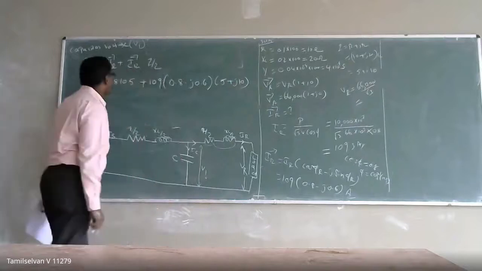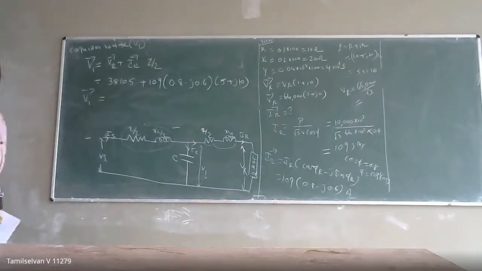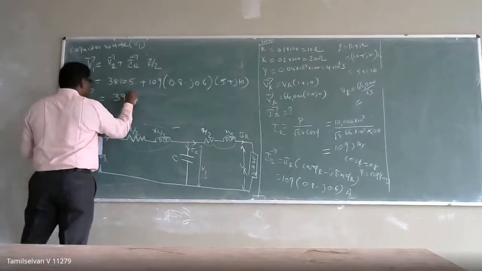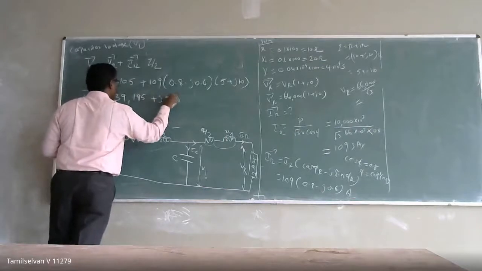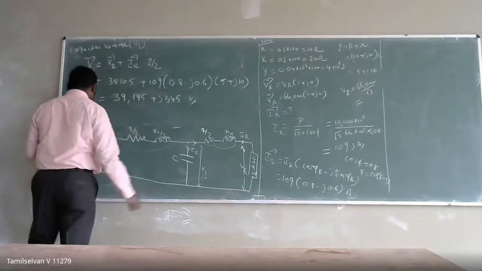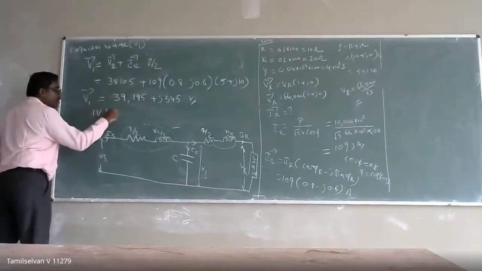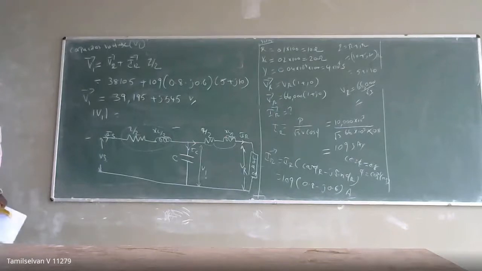If you put it in complex mode, you will get your V1 vector: 39,195 plus j545 volts. This is my V1 vector. If you take the magnitude alone, you will get your V1 value.